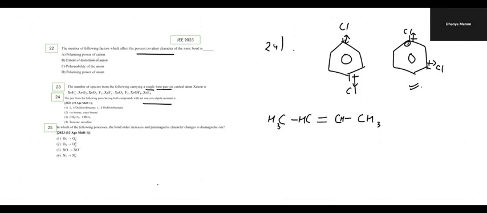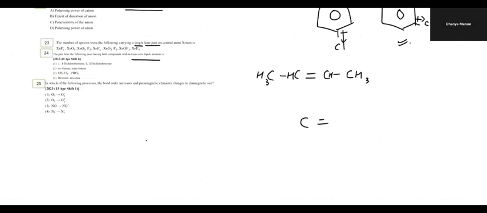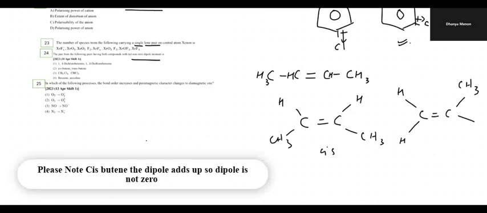So cis-butene and trans-butene, H, CH3, H, CH3. So this is the trans one.